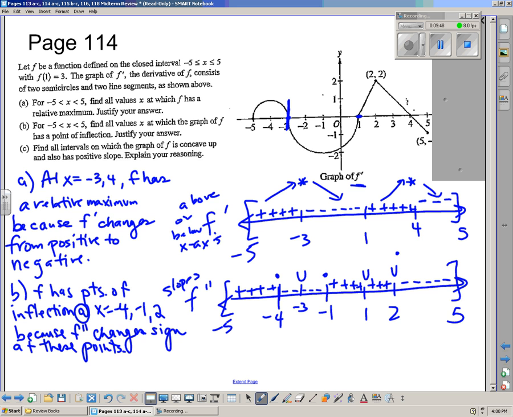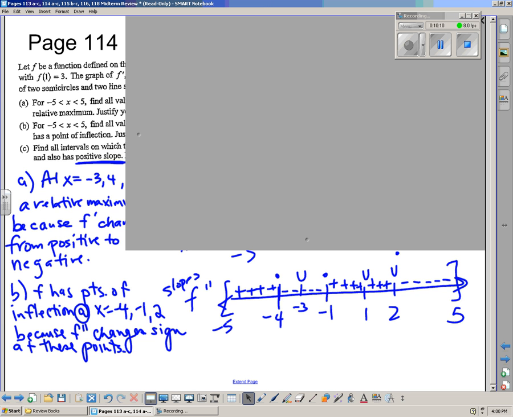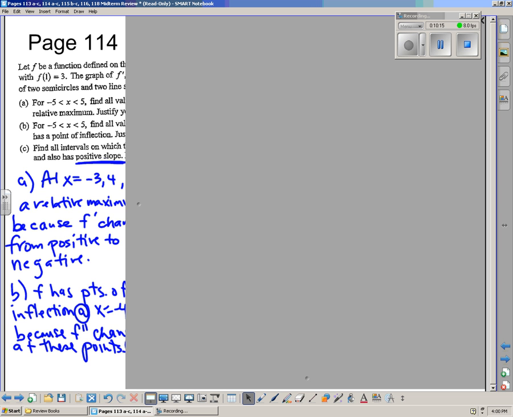And then part C says, find all intervals on which the graph is concave up and also has positive slope. Well, concave up would mean f double prime is positive. And positive slope, if I want the slope of f, I'm looking to the derivative being positive. So I want to look to where my number lines are both positive in a certain area.